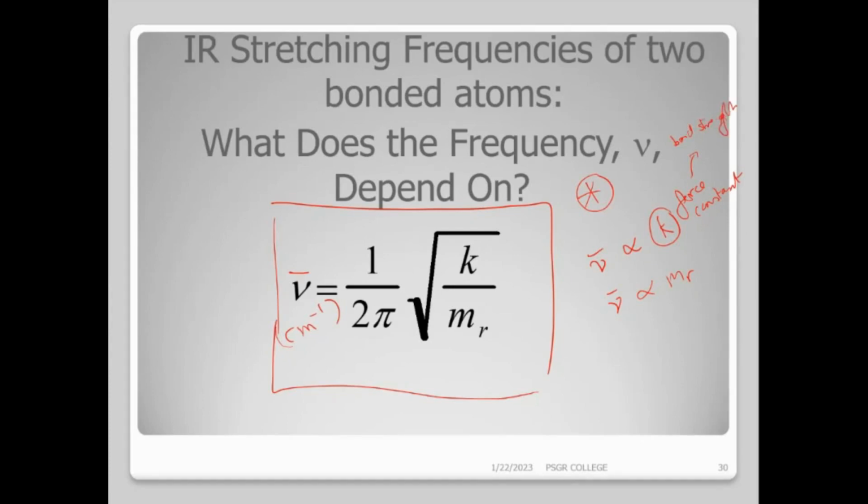Bond strength depends upon bond order. The stronger the bond order, the stronger the bond and the greater the bond strength, so the force constant is higher, and so mu bar is higher.